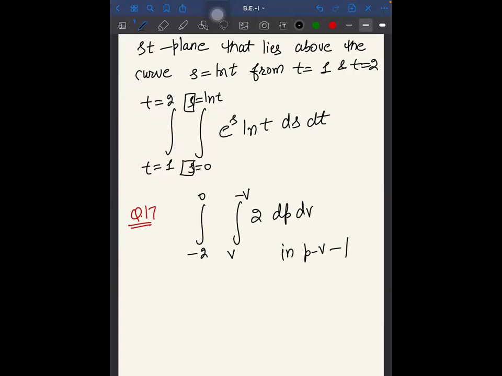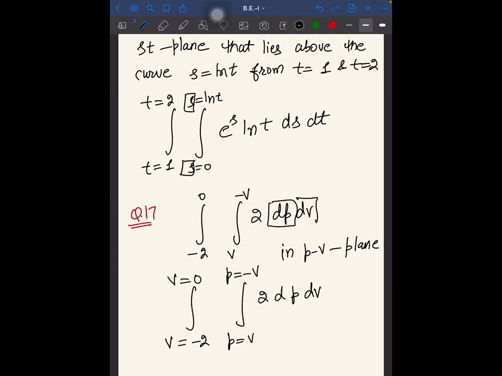What does it mean, PV plane? Just view it as the XY plane. P is your X, and V is your Y. So this is your DP. DP comes first, so these are the limits of P, and these are the limits of V. Now, can you do it?